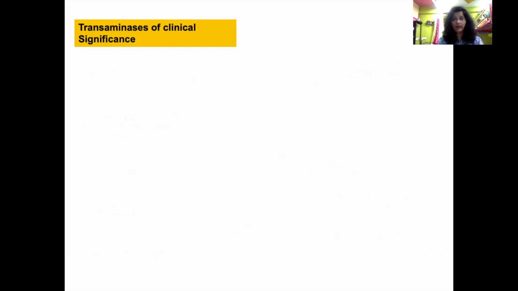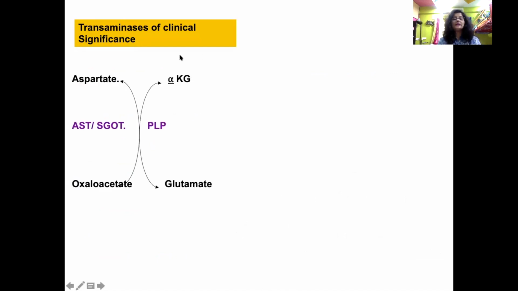examples of transaminases. So let's study two transaminases which are more often used in clinical practice, and in your theory it will help also. This is the AST. AST is aspartate transaminase. Previously it was known as SGOT, that is serum glutamate oxaloacetate transaminase.